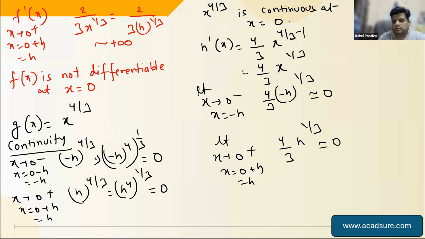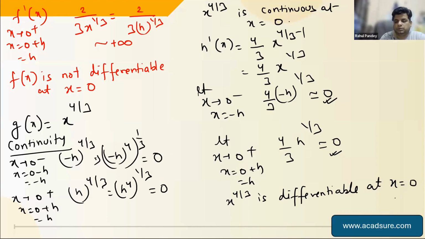So the left limit of differentiability is 0, and the right limit of differentiability is also 0. So x^(4/3) is differentiable at x = 0.